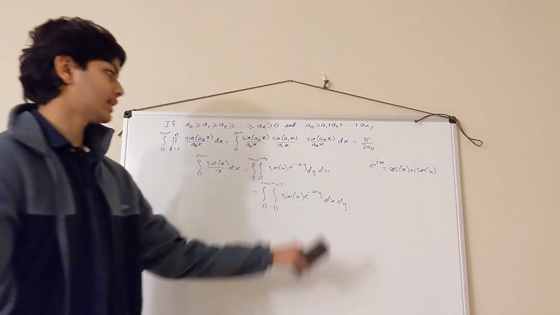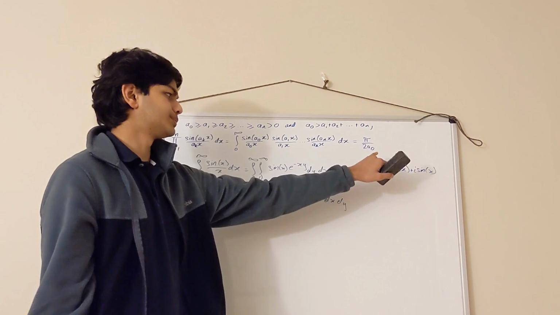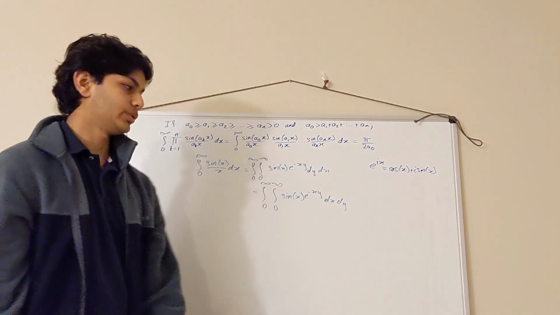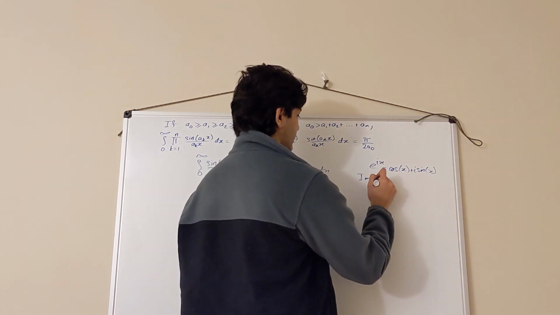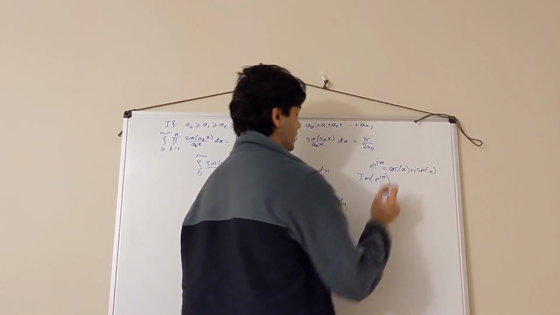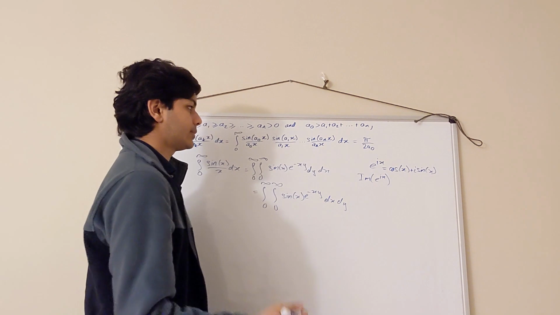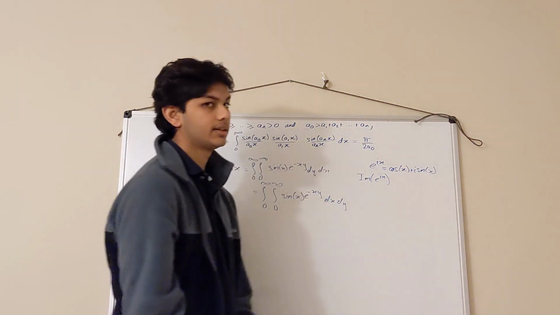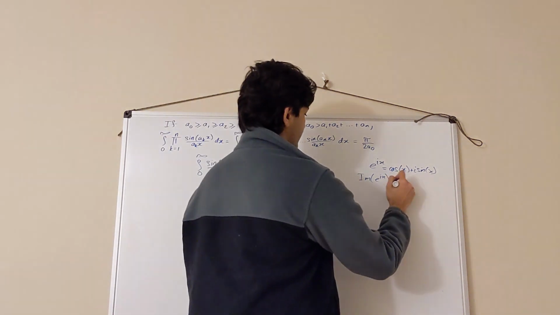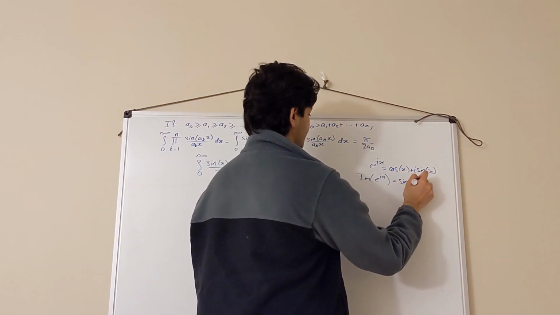So here what we have is a sine x, and we want to use this exponential to evaluate our integral. So what we can do is take the imaginary part of both sides, which gives you the imaginary component of a complex number. Here we see that the coefficient of the real part is cosine and the coefficient of the imaginary part is sine. So this will just be sine of x.